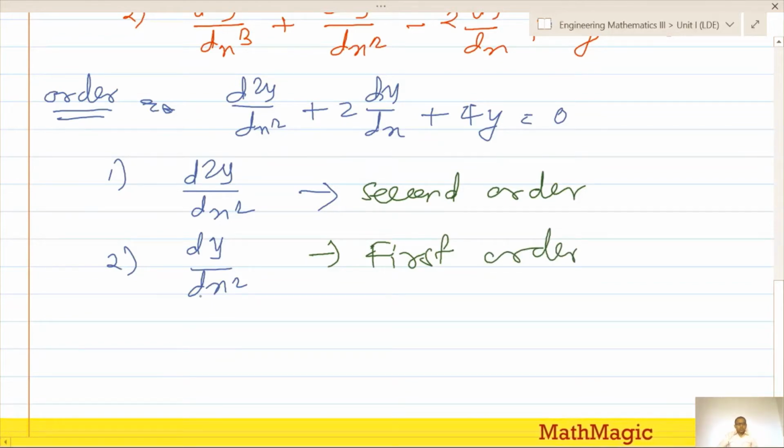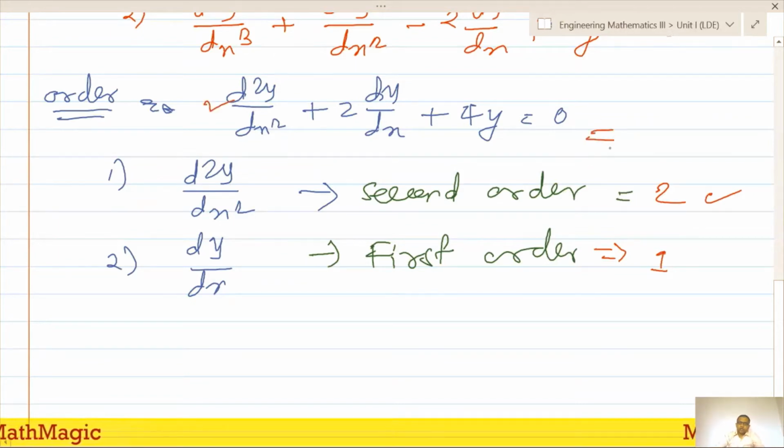The coefficient which has the highest order will be the order of the differential equation. The order of this term is 2 and the order of this is 1, therefore the highest order is 2, and the order of this equation is 2. So what is meant by order?